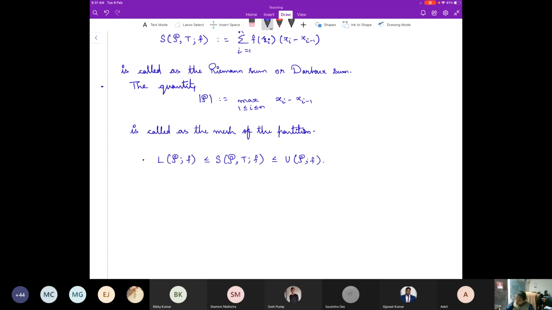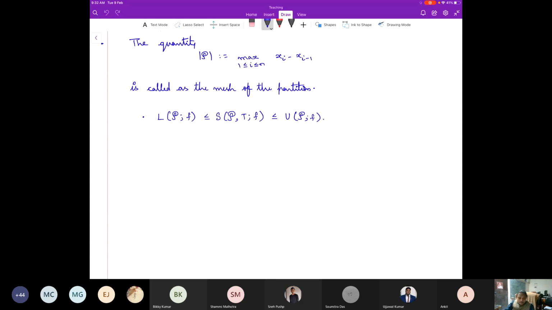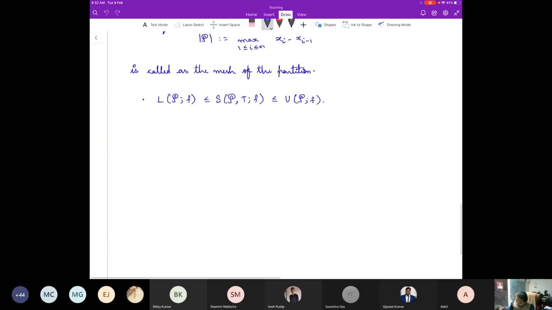Right. So this you can easily observe for any given partition P and a tag set. Yes. So now an easy corollary.